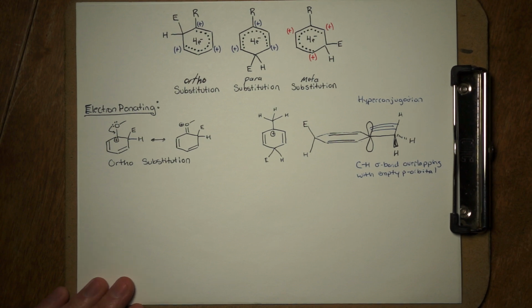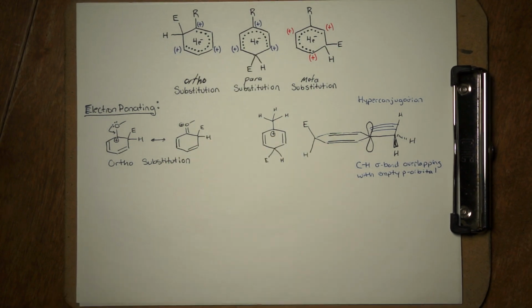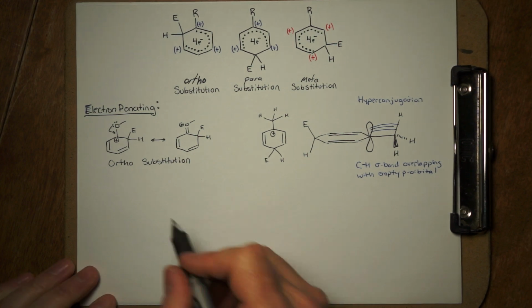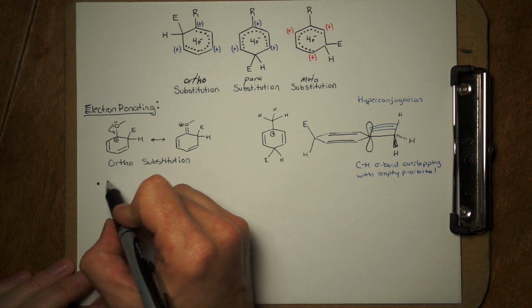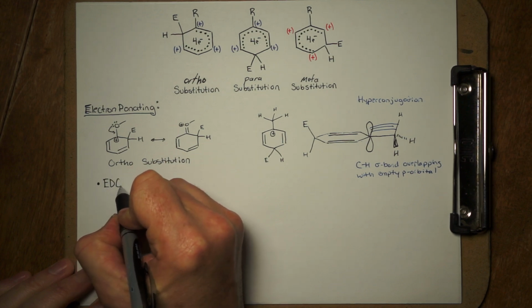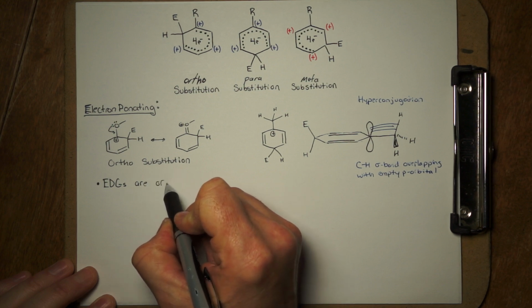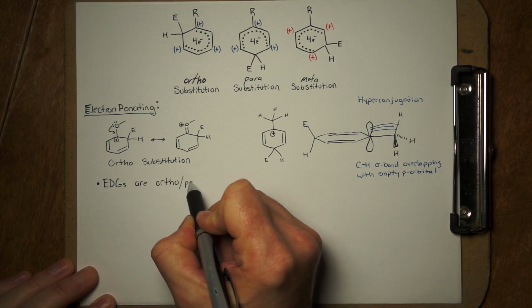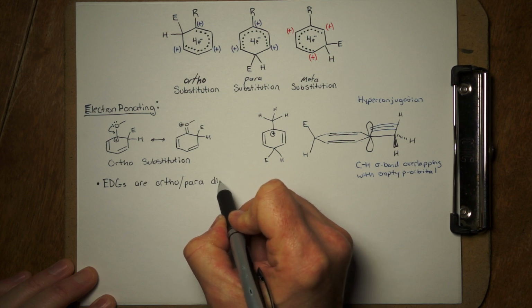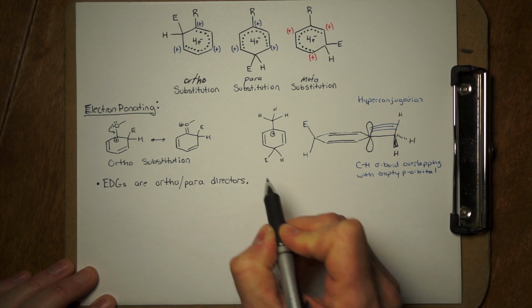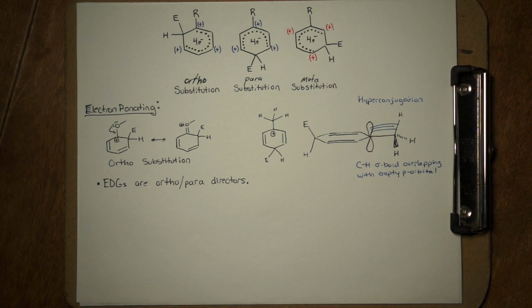Okay, and so what this means, because the ortho and para Arenium intermediates are going to be better stabilized by electron donating groups, right? Electron donating groups are ortho-para directors. Meaning that they're going to direct substitution when it occurs to the ortho and para positions around the ring.